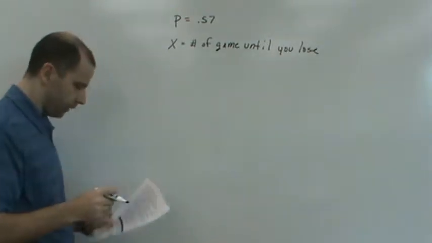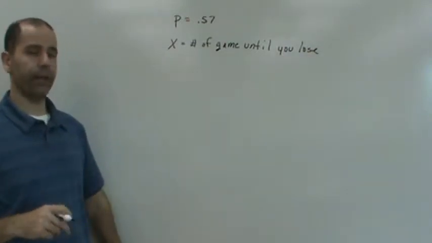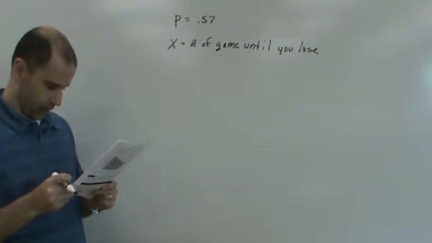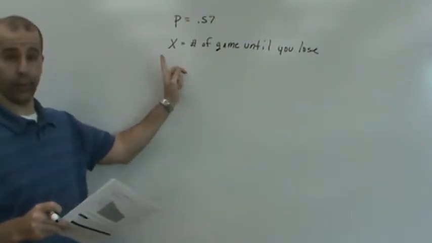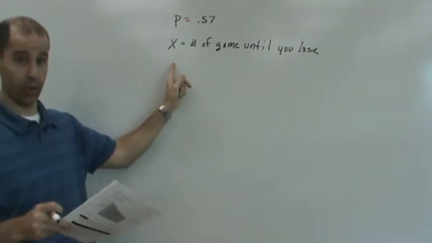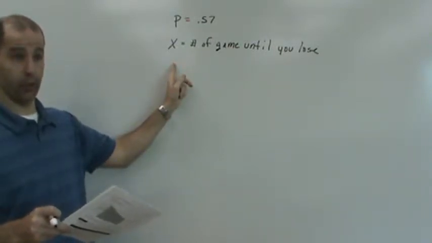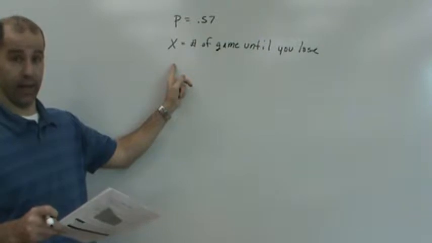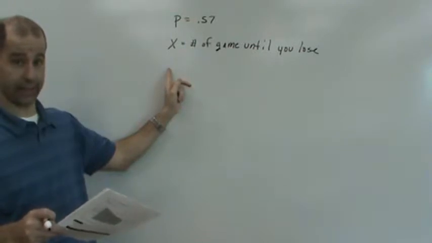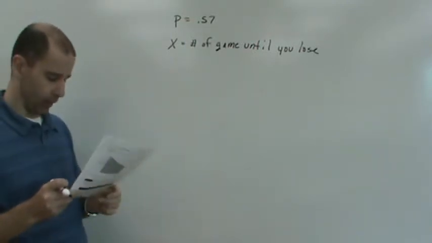So we play this game. X also includes, remember, the last game, the one where you lose. So it's the total number of trials until you lose. If you play 6 games, assuming that you lose on the 6th game, X would be 6, right? So it includes that last game that you lost.